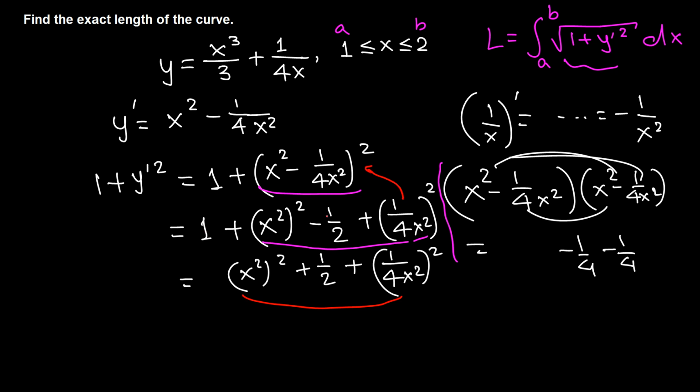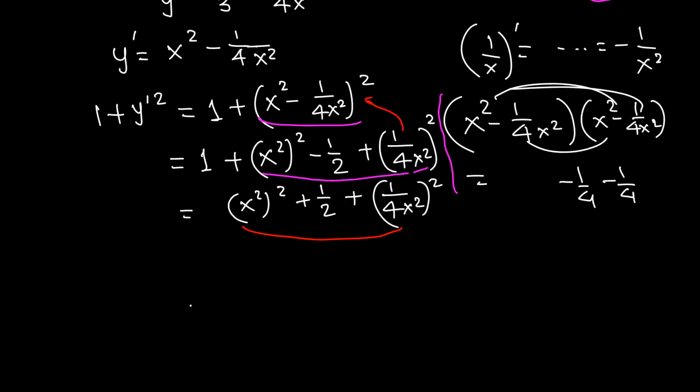This 1 minus 1/2 is plus 1/2. Now we can combine these three, and this is something quantity squared. This is nice enough to be a perfect square, and before there was a negative, now we have positive. So x squared plus 1 over 4x squared. In fact, if you FOIL this out, then we get this.